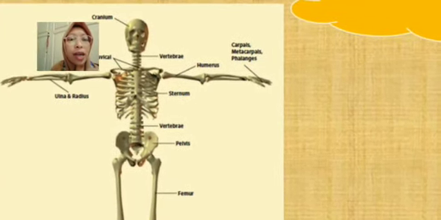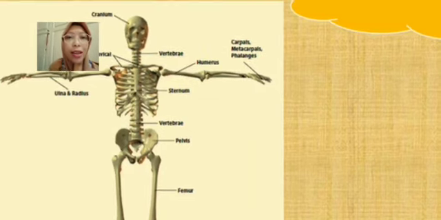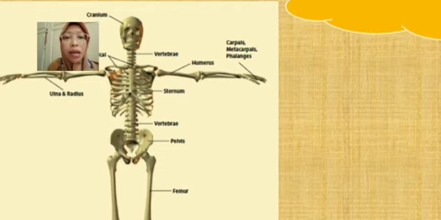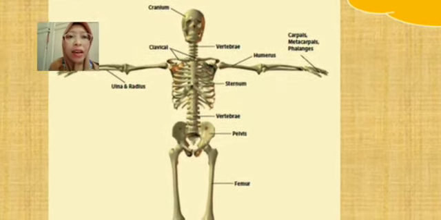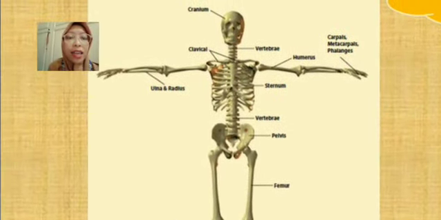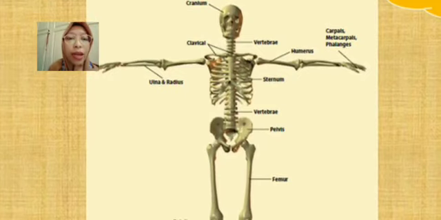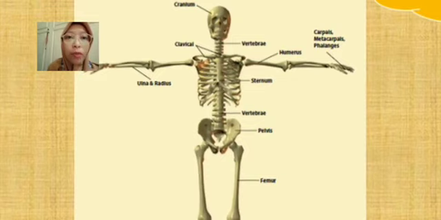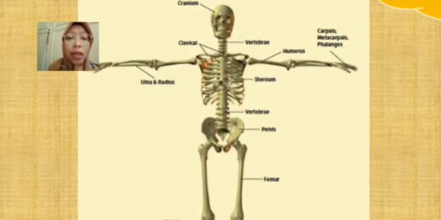And please look at this, this is our arm. In our arm, there is the humerus. I think my students know that humerus is the upper arm bone. And then we have new terms: the ulna and radius. These are the bones in the lower arm, atau lengan bawah kita, ya.